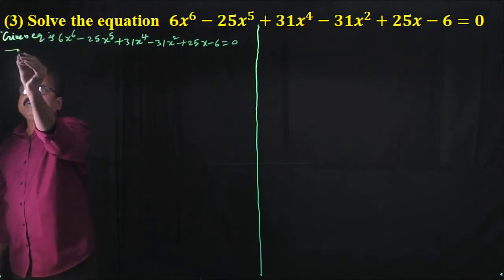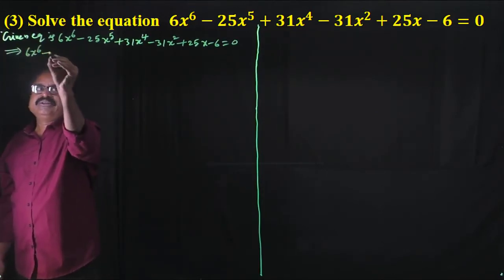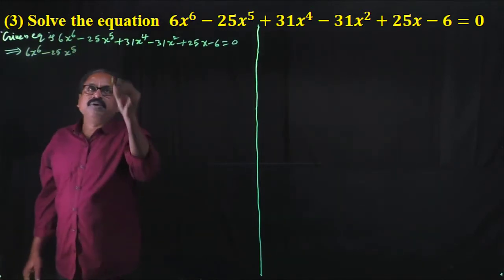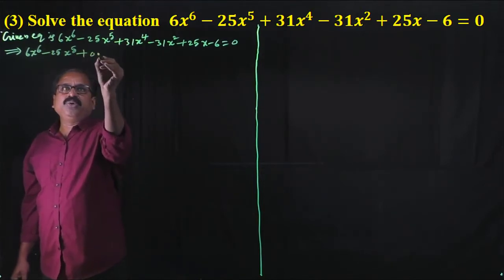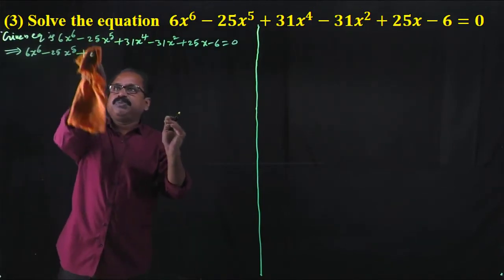Now this equation can be written as 6x to the power of 6 minus 25x to the power of 5 plus 31x to the power of 4.